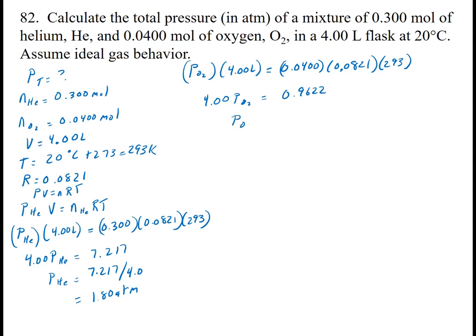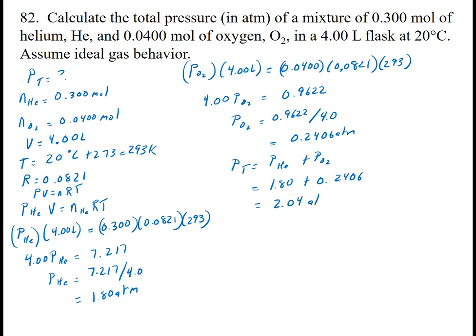So the pressure of oxygen is 0.9622 divided by 4.0, and that gives me 0.2406 atmospheres. So then my pressure total is going to be the pressure of helium plus the pressure of oxygen. So it's going to be 1.80 plus 0.2406 to give me 2.04 atmospheres. Okay, so that was a long way of doing it.